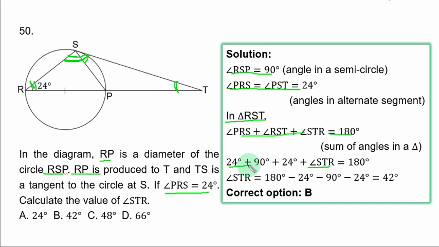Angle RST is 90 plus 24. As I explained earlier, then plus this equal to 180. To get angle STR, you transfer the remaining angles to the right hand side, and when you subtract, you have 42 degrees. B is the correct option.